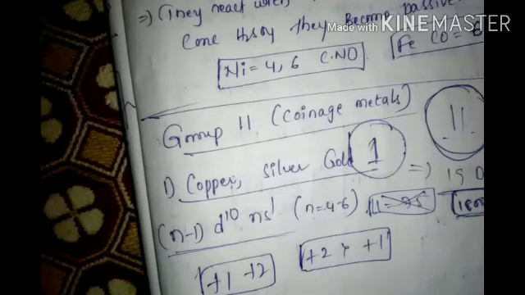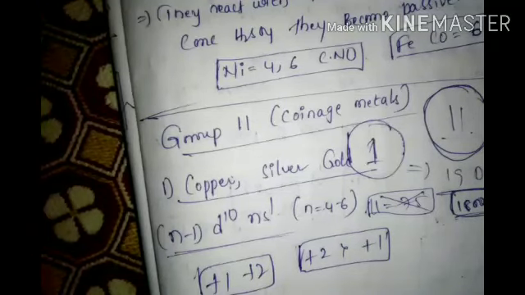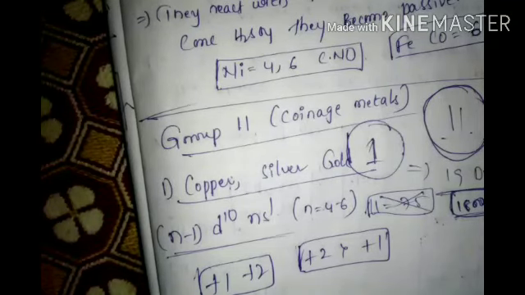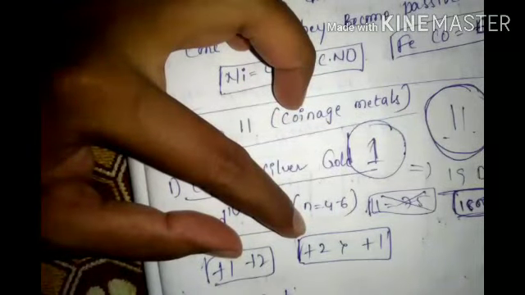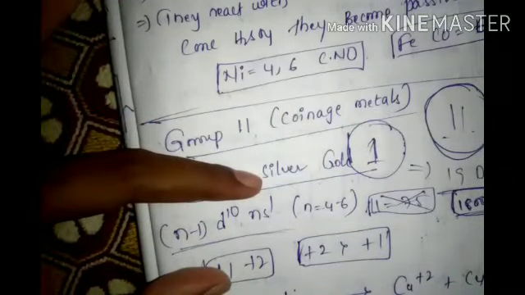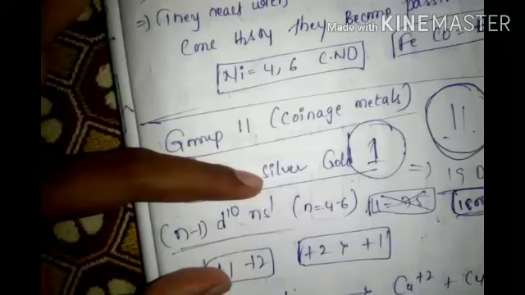Cupric salt and cuprous salt, both are different. Cuprous salt is converted into cupric. Cu+ converts into Cu+2 plus Cu. The +1 oxidation state is called cuprous.